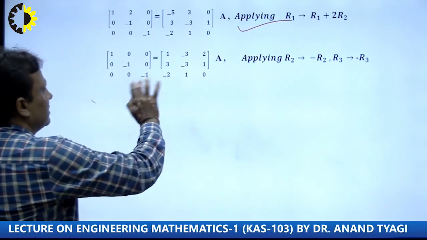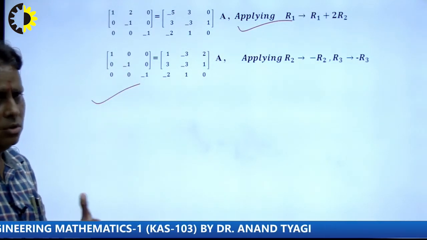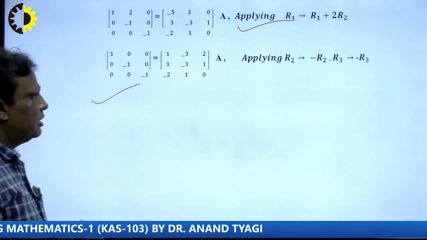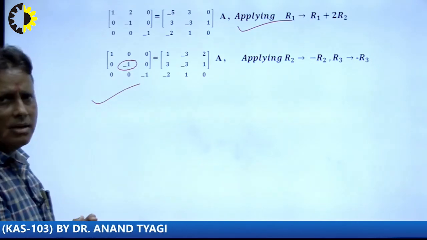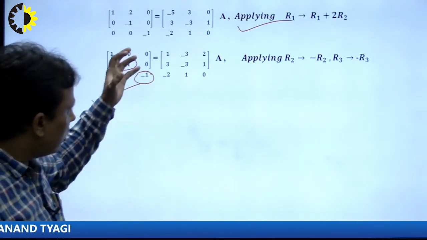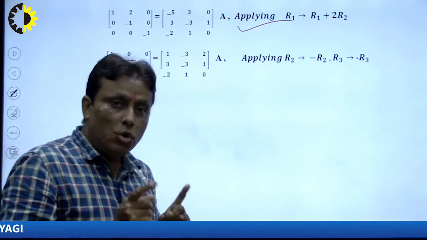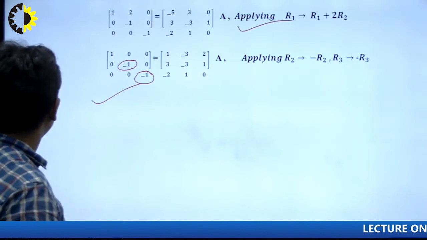Now the question is whether this is an identity matrix or not. No, this is not yet an identity matrix. So first of all I divide the first row by minus 1, the second row by minus 1, and the third row by minus 1. In the whole procedure we apply only row operations, not column operations. So students, keep in mind how to solve the given problem.